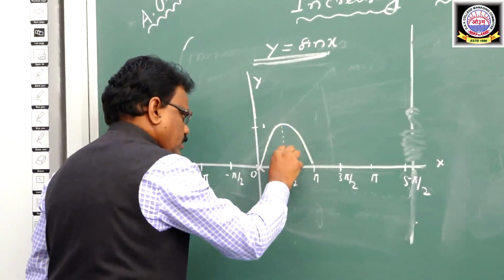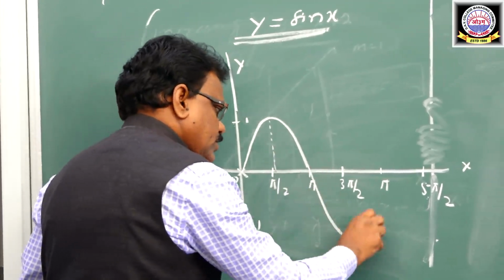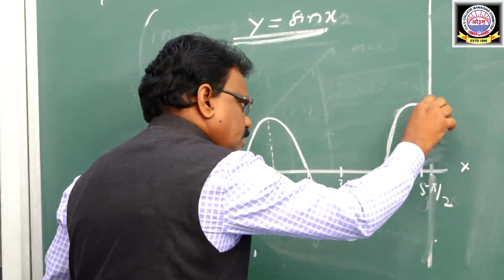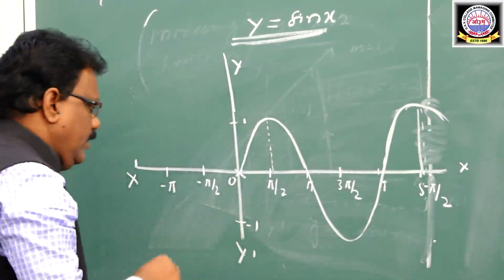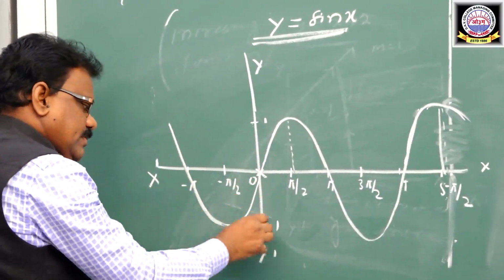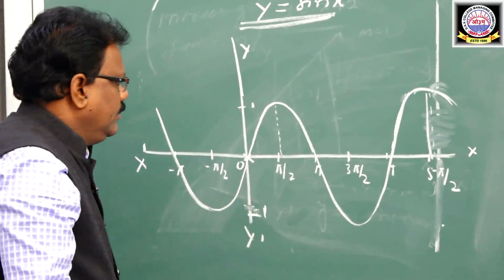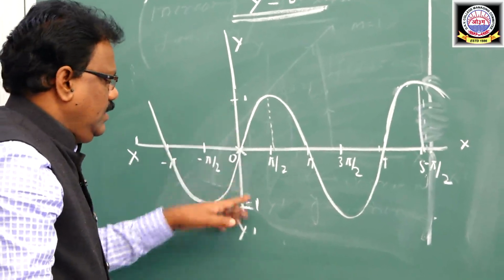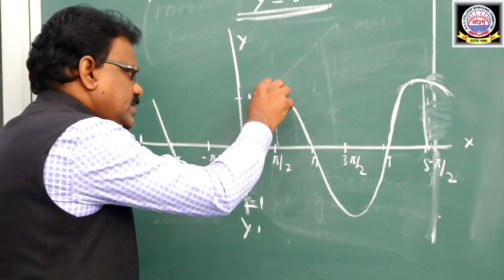The maximum value at pi by 2 is 1, the minimum value at 3 pi by 2 is minus 1, and the graph again at 5 pi by 2 has maximum value 1, and it will come to the left side of the origin, again the same thing. The value of y is maximum 1 and minimum minus 1. Dear students, look at this.